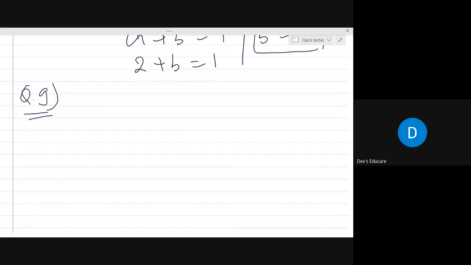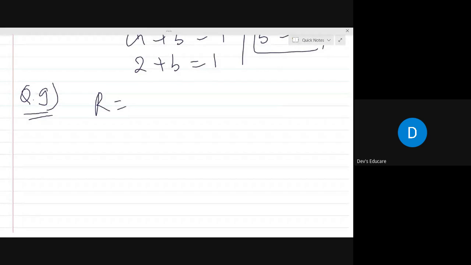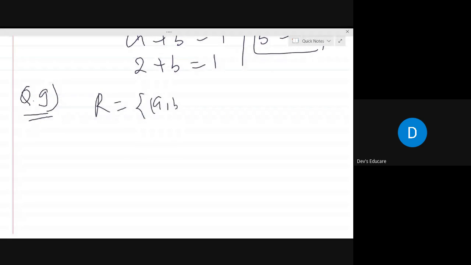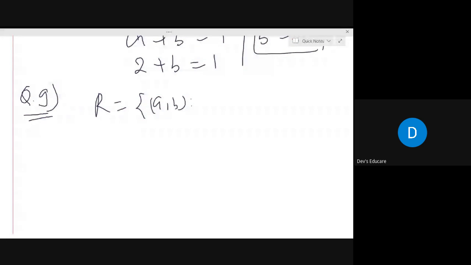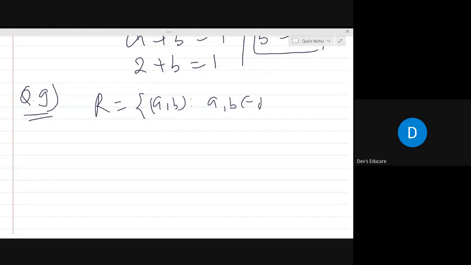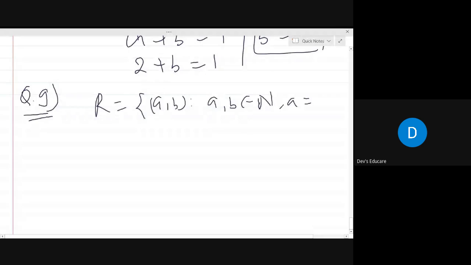Let R be a relation from N to N defined by R equals (a, b) such that a equals b squared. Are the following true? See, the relation is defined as the ordered pair (a, b) such that a and b belong to natural numbers and a equals b squared.